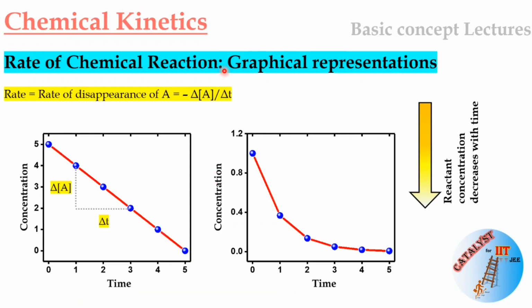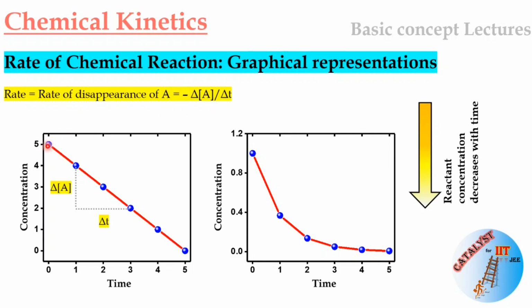Now if we try to understand these chemical reactions graphically, we see that rate is a positive number, correct? As we mentioned before, rate is always a positive number, but delta A, my change in the reactant concentration, is a negative number because the reactant is going to decrease with time. So to make the rate a positive number, we always need to put a negative sign when we write the rate in terms of any reactant.